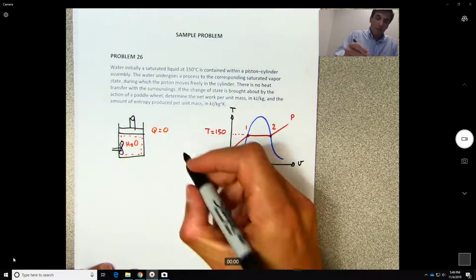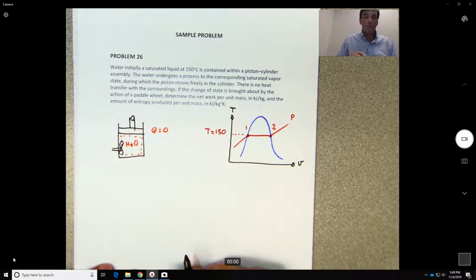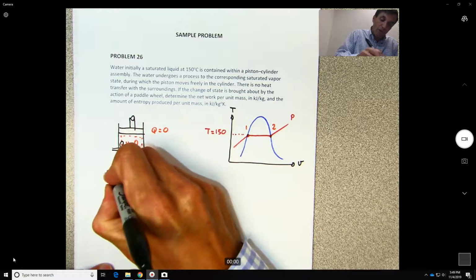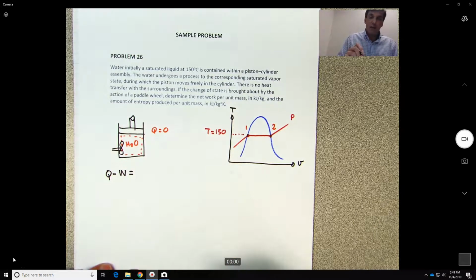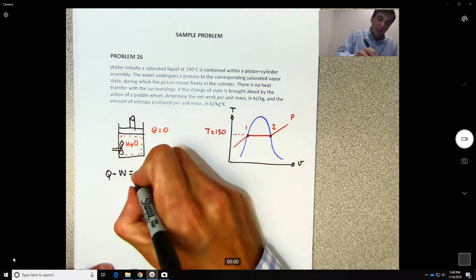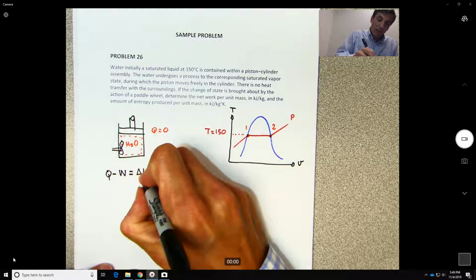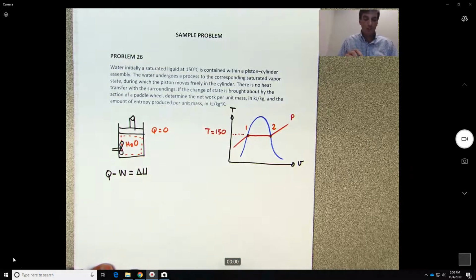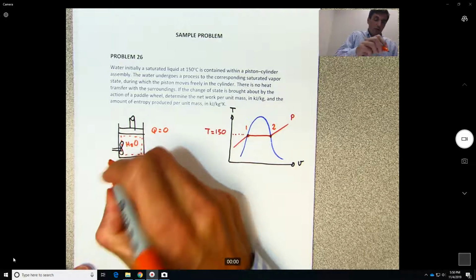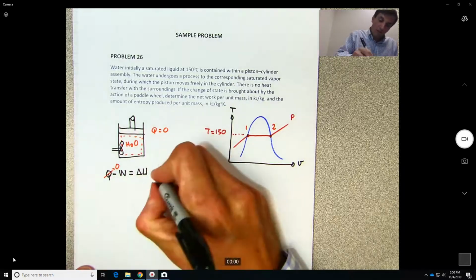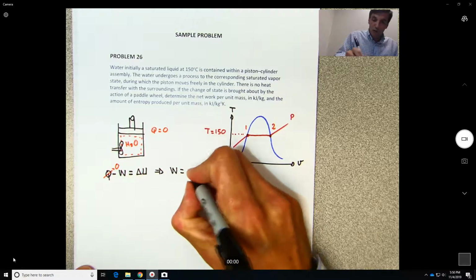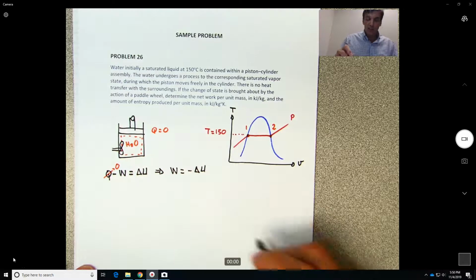so basically we have a closed system, so applying the first principle of thermodynamics for a closed system, what do we have? Q minus W, and if we neglect potential and kinetic energy, this will be equal to the change in internal energy. Okay, so we know that Q is 0, so this means that the work will be equal to minus the change in internal energy.